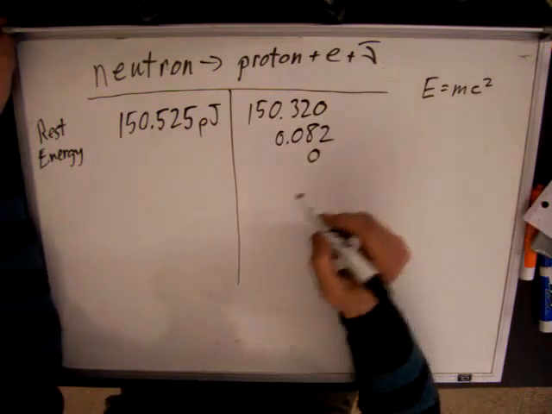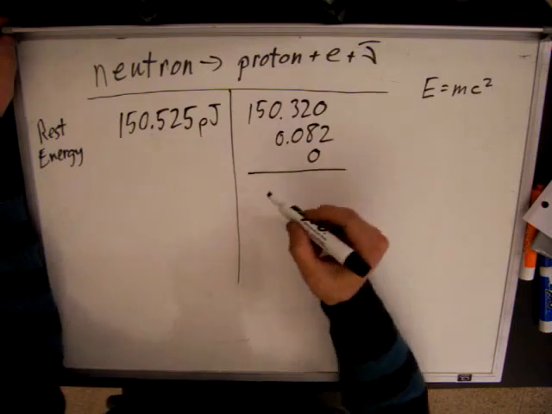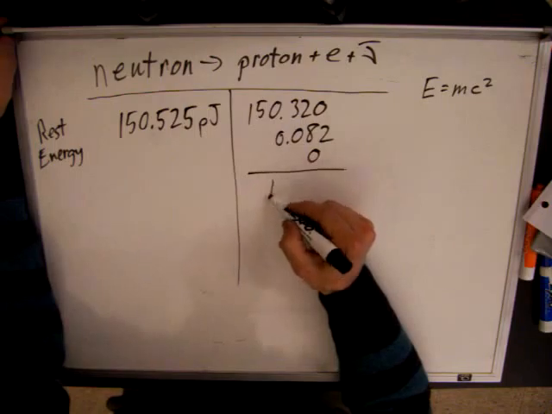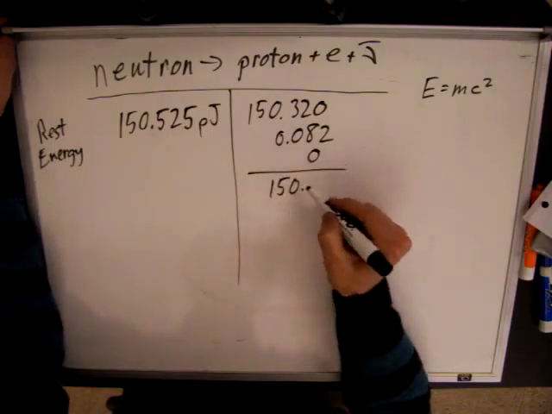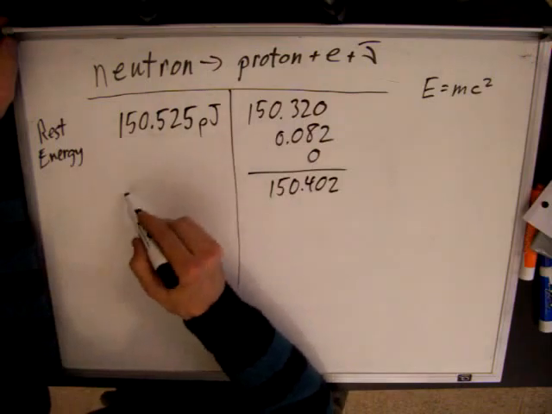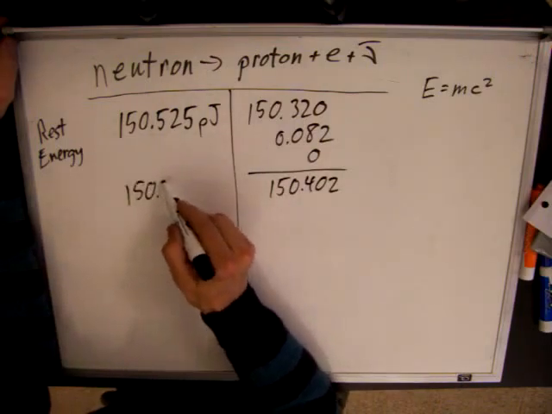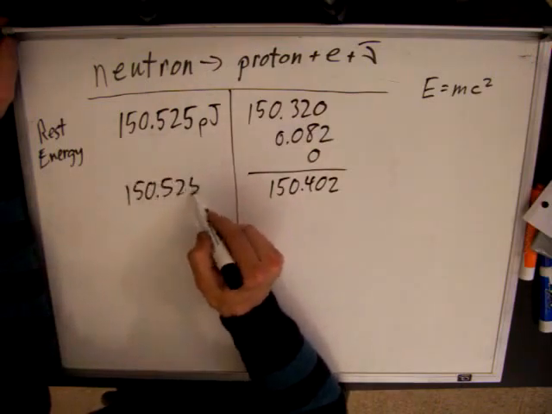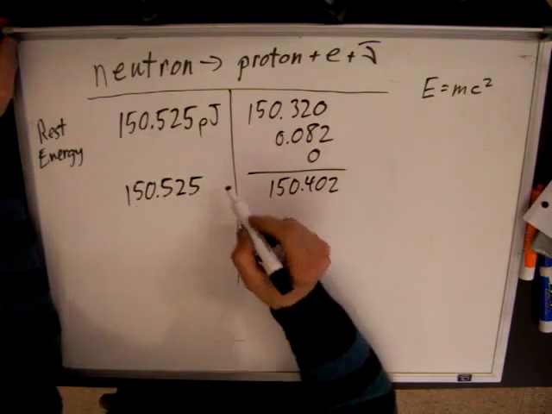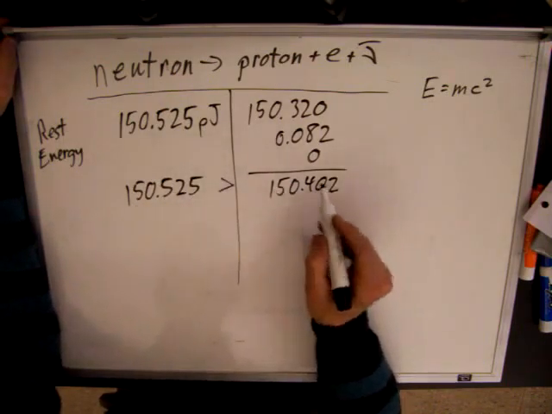So if we add all these numbers up, we get a total energy on this side of the equation of 150.402 picojoules. And over here we have 150.525. You notice that this total energy is greater than that total energy.